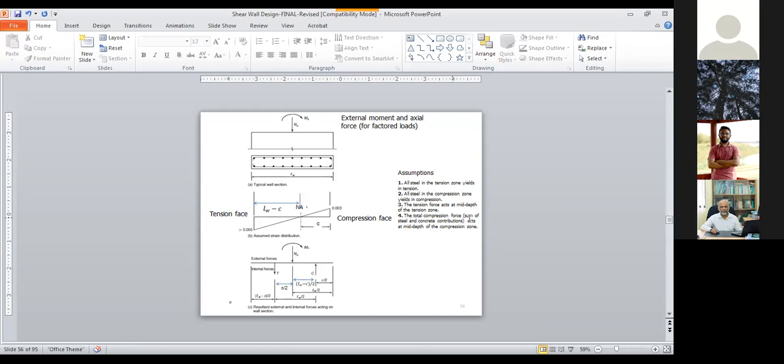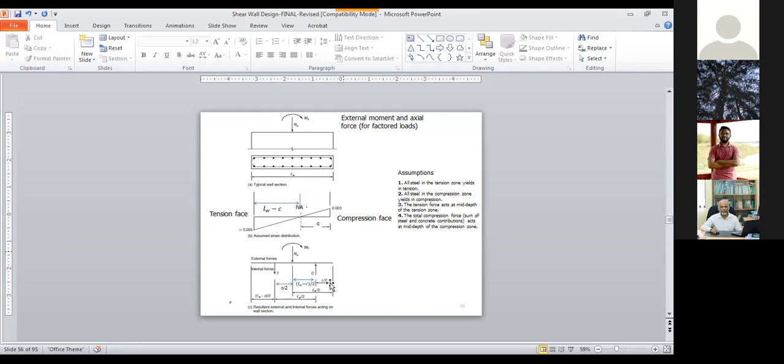The total compression from the steel and concrete together acts at the mid depth of the compression zone, so you don't consider the compression from the concrete separately. You assume that the total compression acts at the mid depth of the compression zone, and the total tension acts at the mid depth of the tension zone.